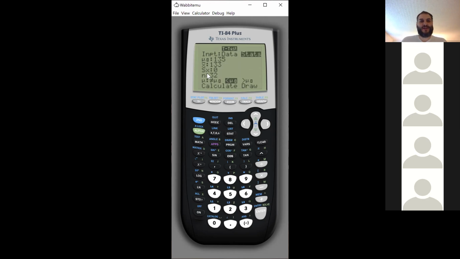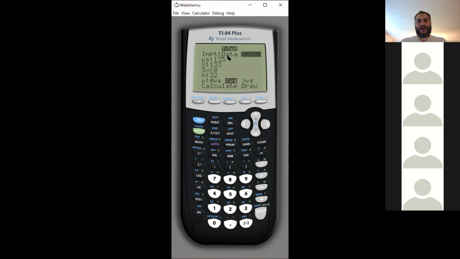That's how you can back up what you already know, that the t-test only wants the sample standard deviation. If you do a z-test, it's going to ask for sigma. So for a t-test, it's always going to ask for s. If you're in the t-test and you know sigma, you're in the wrong test. You want to be on the z-test.